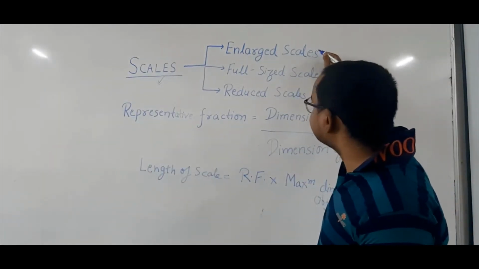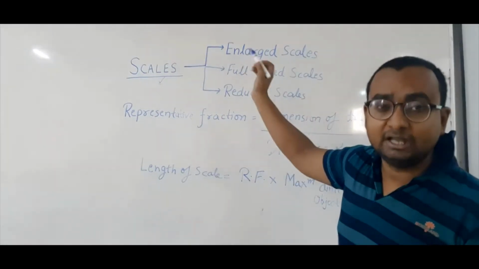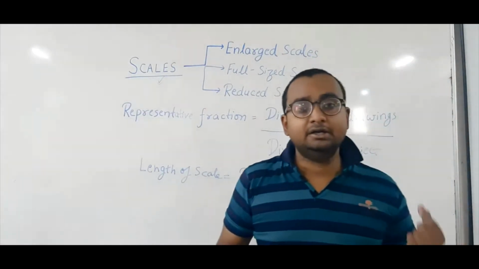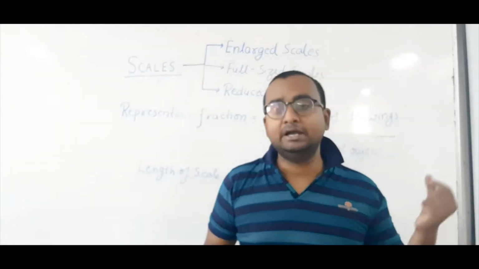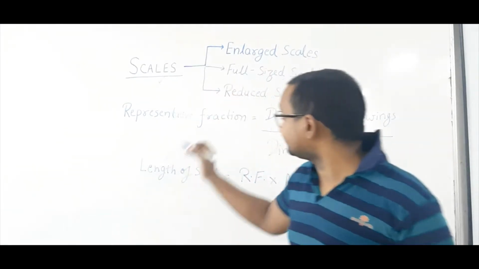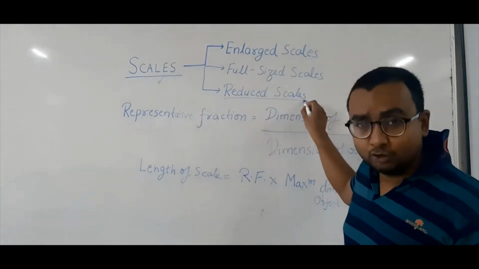discuss this. First of all, let me tell you about the classification of scale as well. As I told you in my first example, I gave you an example of a house. It will come in the category of reduced scale.